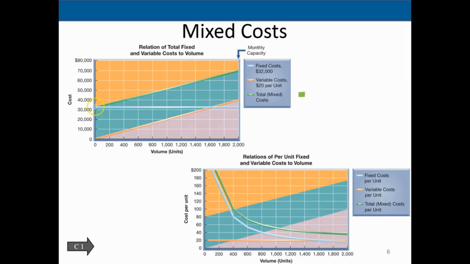Notice that the green line starts at this jump, at the fixed cost level, because even if we didn't produce any pastries, we would still be paying the fixed cost. Then every pastry we produce, the fixed cost stays the same, but the total cost goes up at $20 per unit as we produce more pastries.